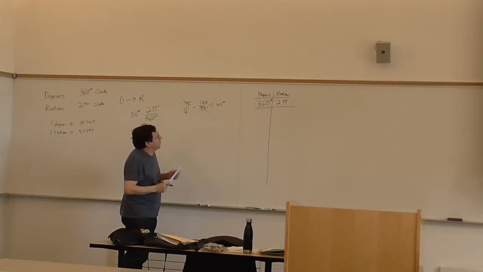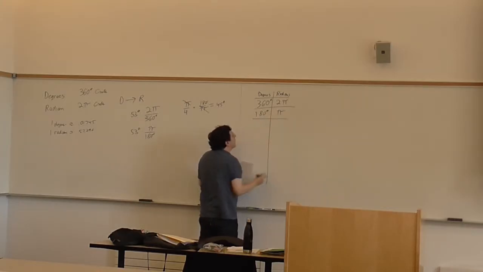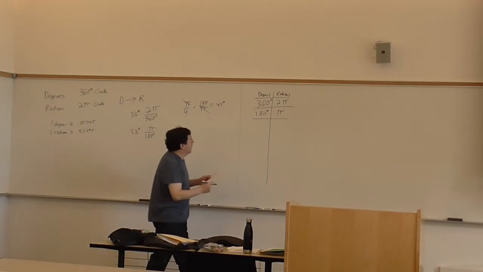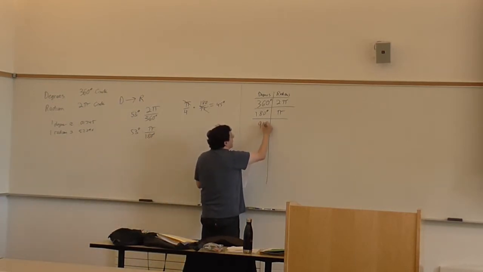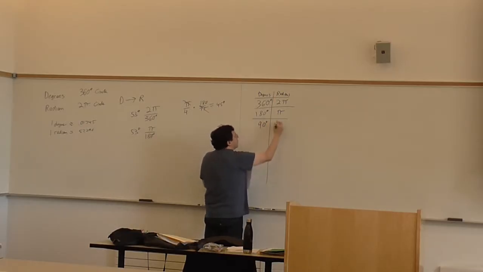So, 360 degrees is 2 pi, and 180 is pi. 90 degrees, a familiar angle, a right angle, right? That's going to be pi over 2.